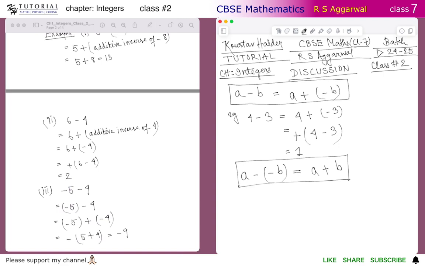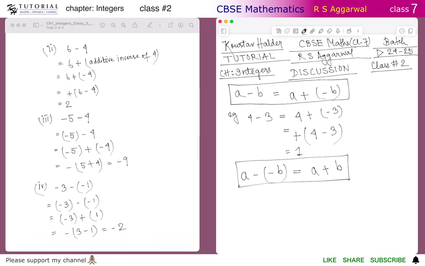So we add to 6 the additive inverse of 4, which is minus 4. So now we add 6 and minus 4. Following the rules of addition of integers that we discussed in the previous video, 6 plus minus 4 will be positive 6 minus 4, which is 2.